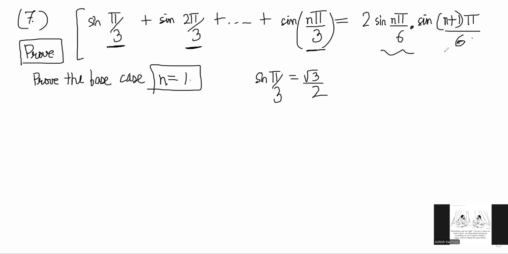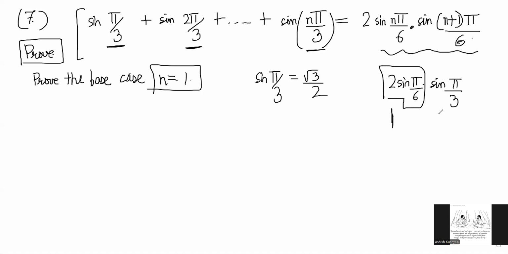What is the right hand side in the base case? 2 sine pi by 6 into sine 2 pi by 6. 2 sine pi by 6 is automatically 1. It is clear that both sides are equal in the base case, right? Yes, sir. Okay. Now you have to assume that the formula is true for n is equal to k, right?